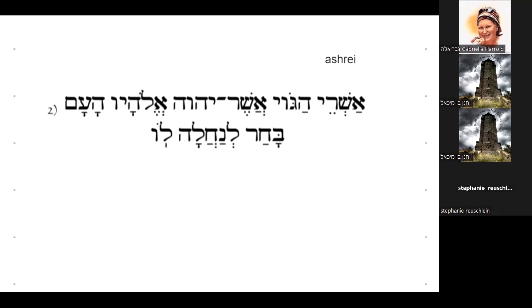But then we have the letter gimel, and this gimel is pointed with dagesh. Not only would we change the sound here, but we'll also double it because we're following another vowel point. And remember, it doesn't matter whether it's long duration or short duration, we're following another vowel point.